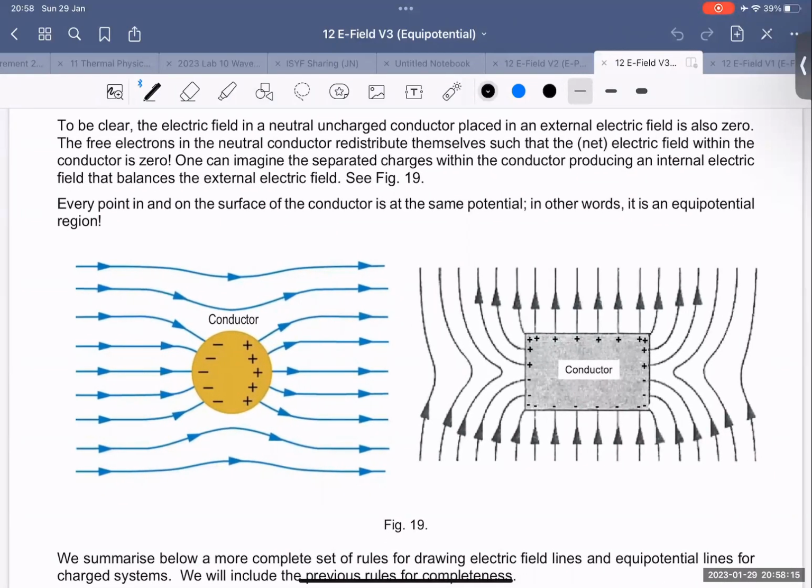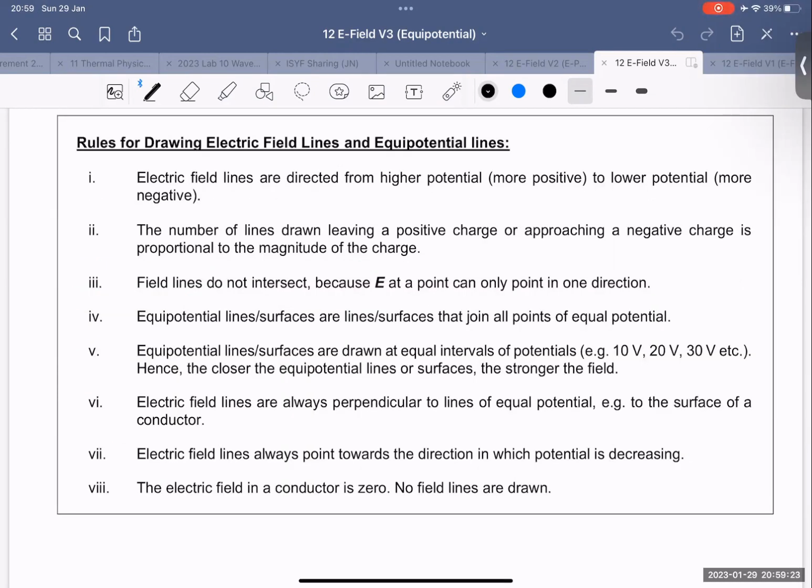On the left side, the electric field in a neutral uncharged conductor placed in an external electric field is zero. The free electrons in the neutral conductor redistribute themselves such that the net electric field within the conductor is zero. One can imagine the separated charges within the conductor producing an internal electric field that balances the external field. Okay, these are the rules for drawing electric field lines and equipotential lines.